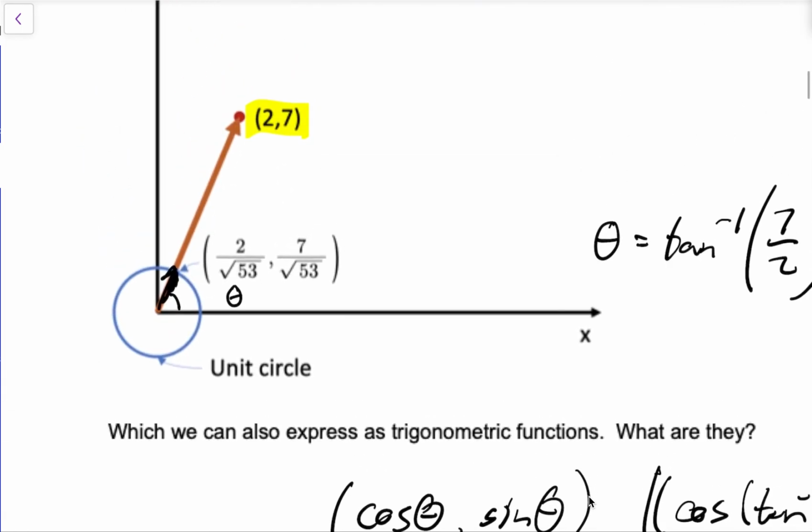So here's our vector. I will draw in red. I'll show you the 2 x hat. And this is 7 y hat. You add the two together, and you get this vector that we started out with and that we want to accomplish.